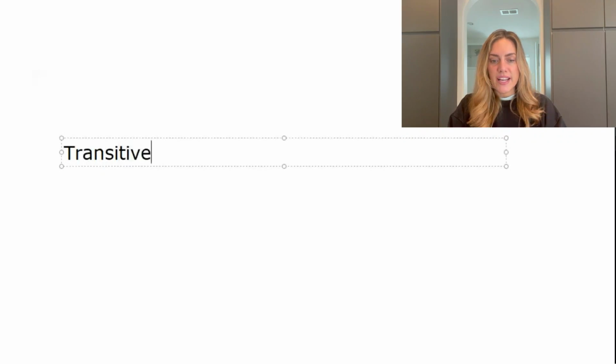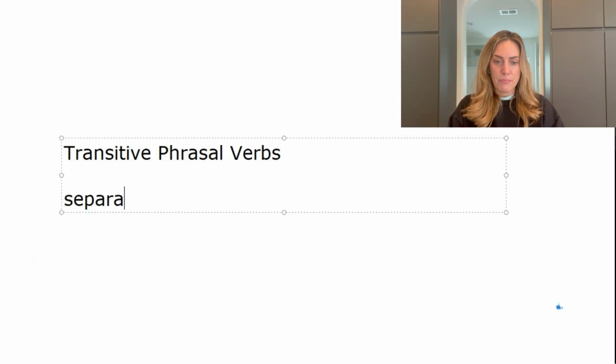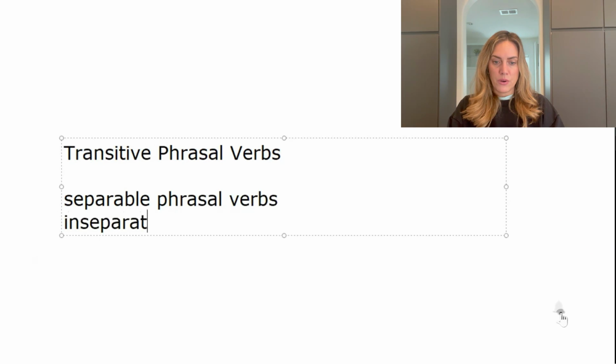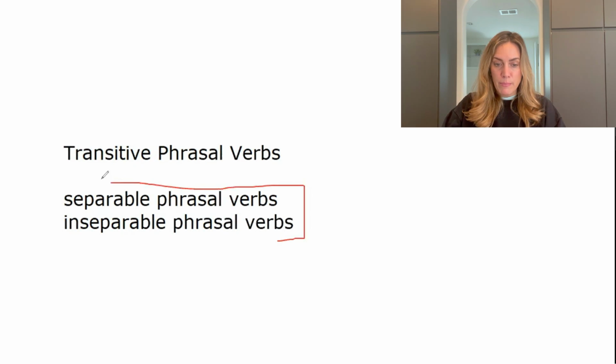So transitive phrasal verbs, okay? With transitive phrasal verbs, it's helpful to know that some of them can be separated, or we call them separable phrasal verbs. And then there are inseparable phrasal verbs. But in both cases, when we are talking about transitive phrasal verbs, we need to have an object after them.